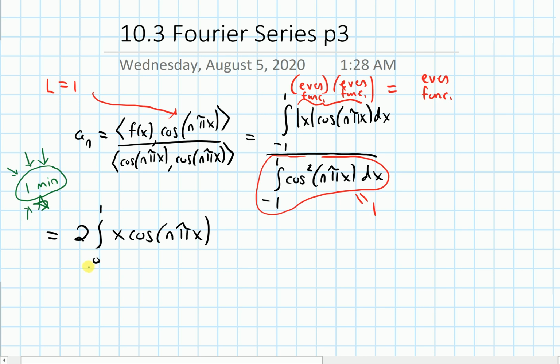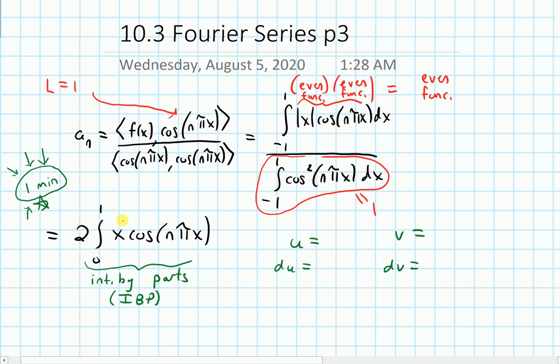So it turns out the technique that we need to use is integration by parts. We got to integrate this thing by parts. Or sometimes I'll refer to integration by parts as IBP. Okay, so for integration by parts, I need to write down what u is, what du is, what dv is, and what v is.